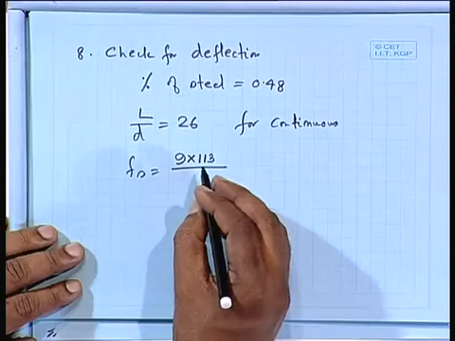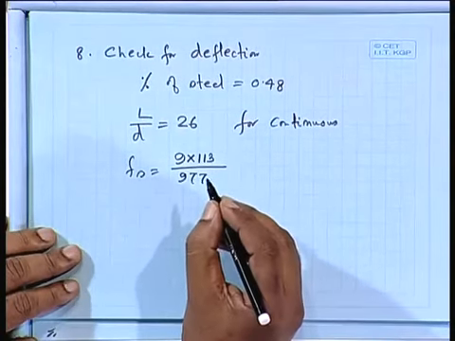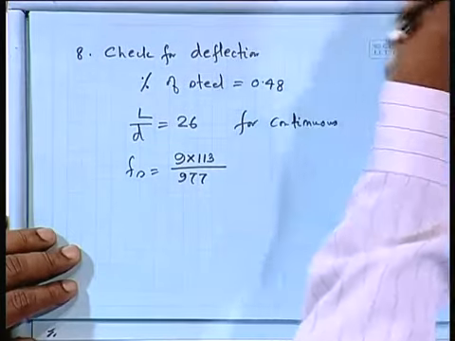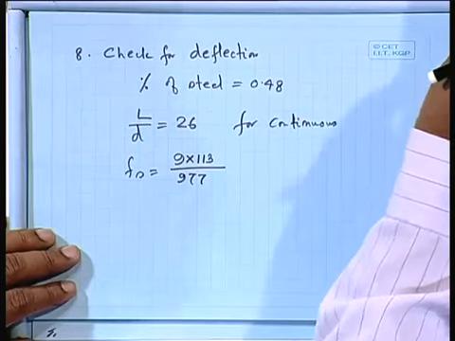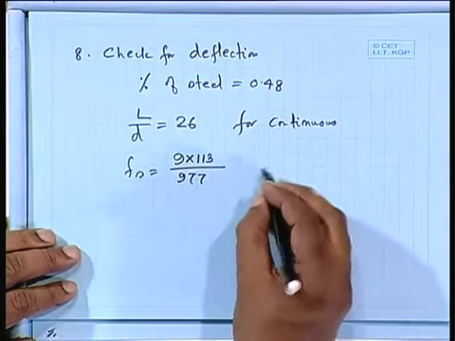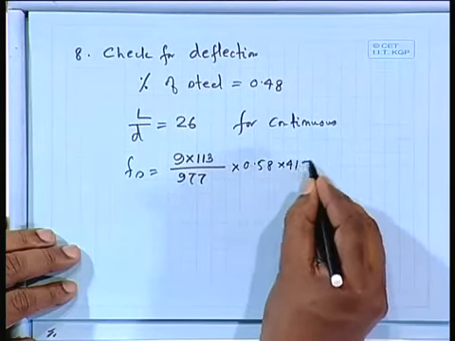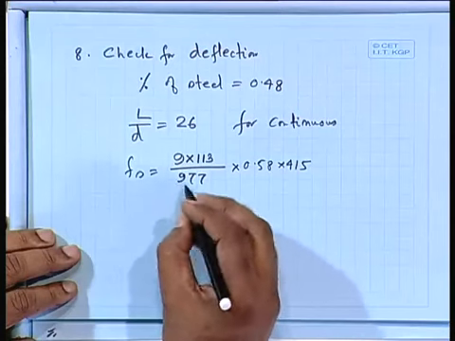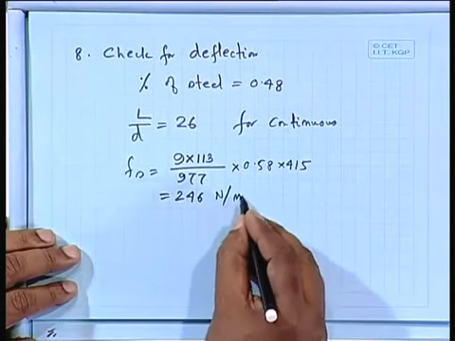We have to provide 977, that we have computed. So FS is 0.58 times fy times the ratio of area required to area provided, 977 by 9 into 113, times 415, which comes as 246 Newton per square millimeter.